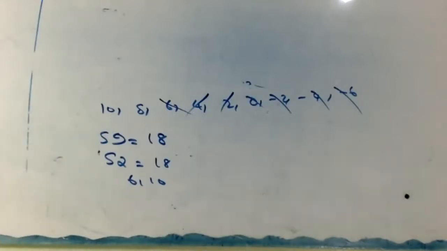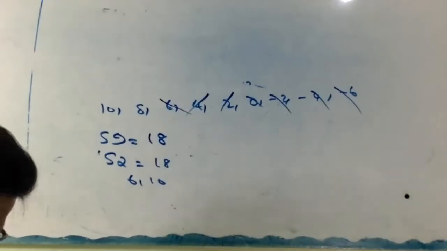Therefore S6 equal to S10 equal to 180. Are you okay now? The reason is the terms cancel out each other. That is the reason for the double answer.